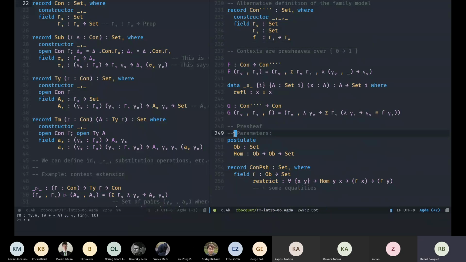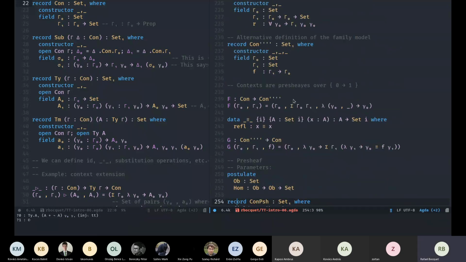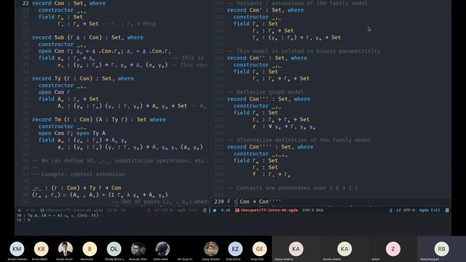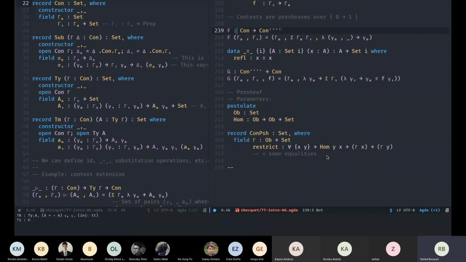Again, why are pre-sheaf models interesting? Well, we have seen that all of these models are small pre-sheaf models. So for some specific choices of categories, pre-sheaf models can encode, for instance, things related to parametricity and similar things.